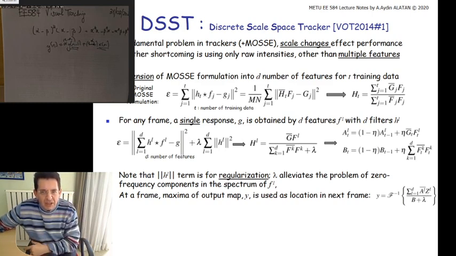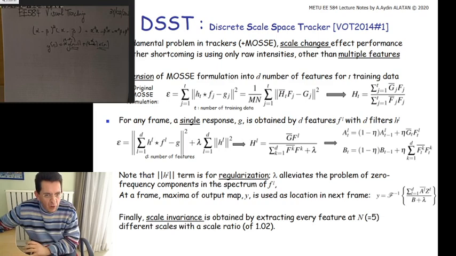Please note, there are D filters. Those D filters I just multiply with the correct filter for the L feature, and we take the inverse Fourier transform, and that will give me a maxima. That maxima is my possible position in the next frame, okay?